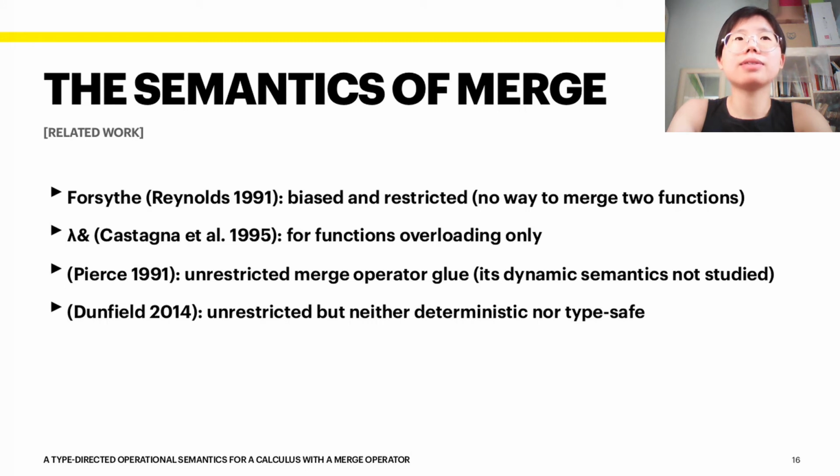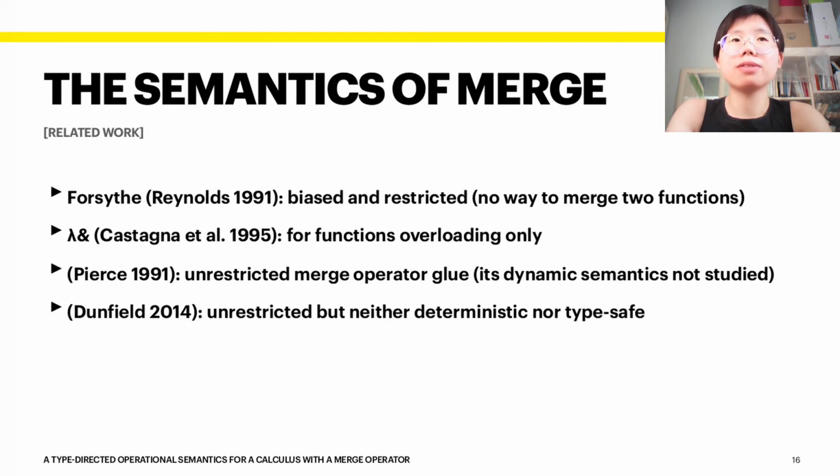The calculus lambda-and proposed by Castagna and others has a restricted version of the merge operator for functions only. This merge operator is indexed by a list of types of its components, and its reduction requires runtime type checking.